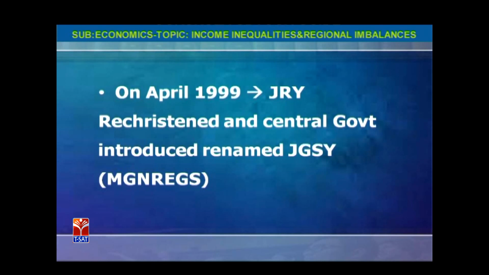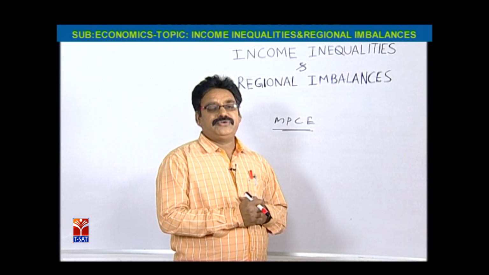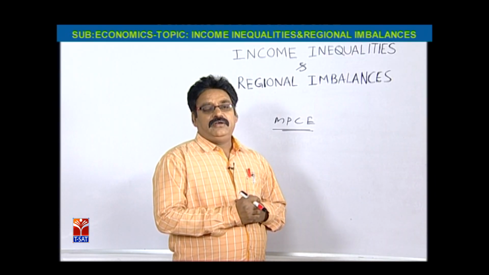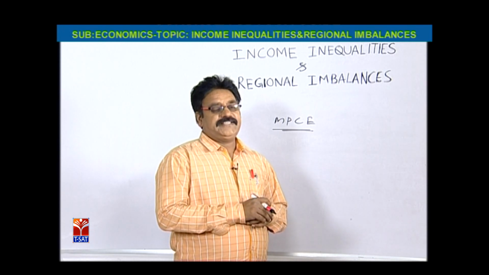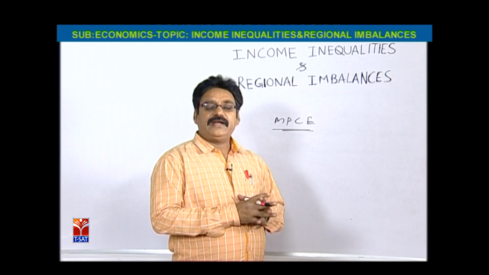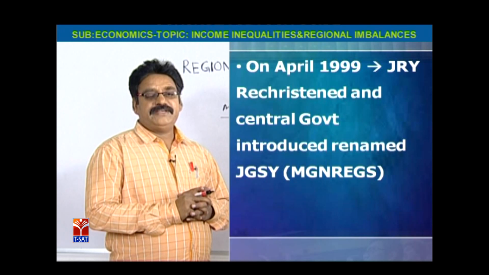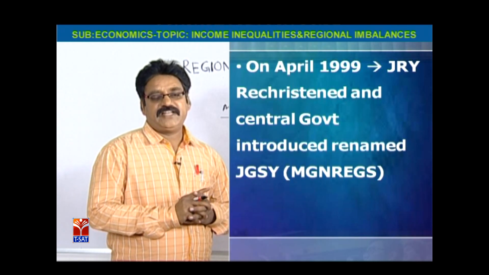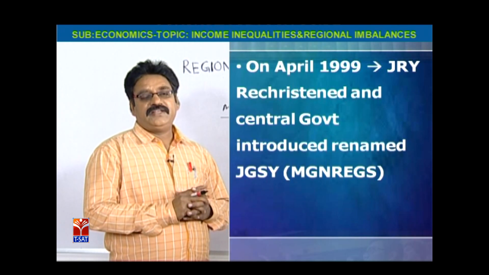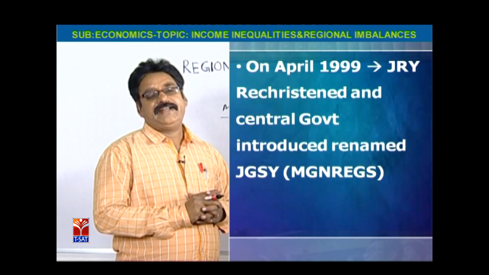In April 1999, JRY was again rechristened by the central government and renamed JGSY, Jawahar Gram Samruddhi Yojana. This is the one program which started in April 1999. The main program is MGNREGS. MGNREGS means Mahatma Gandhi National Rural Employment Guarantee Scheme.